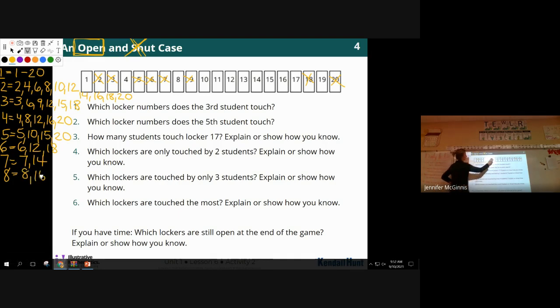Okay. Next is 9. 9 and 18. 18 is open. And 9 is open. All right. Number 10. 10 is closed and 20 is open.